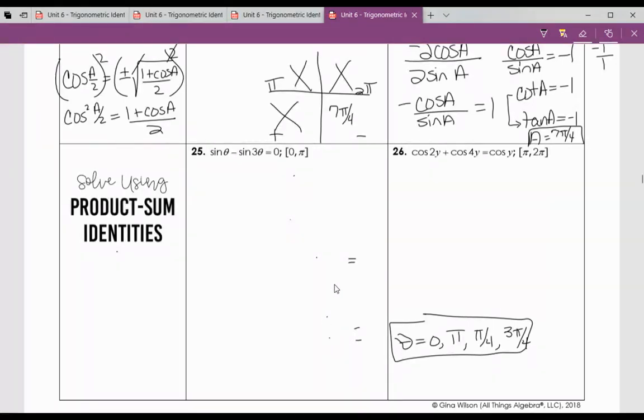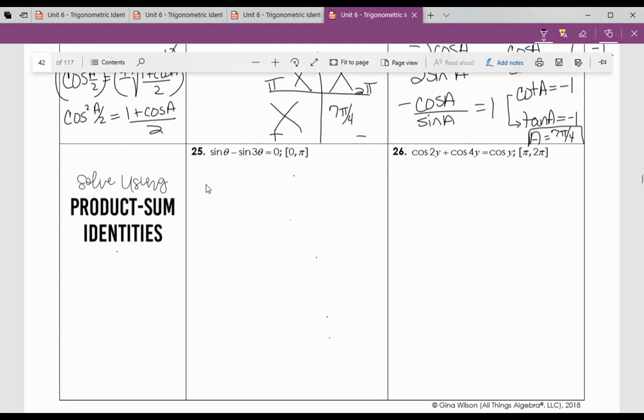So the last one on this particular lesson, we are going to still use the product to sum or sum to product. So this is cosine plus cosine. I'm going to leave this cosine over here. I will deal with that in a little bit. So I'm going to use the cosine alpha plus cosine beta formula, and I'm going to turn this into a product.